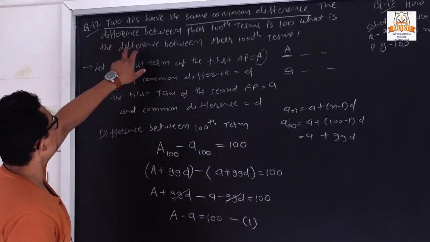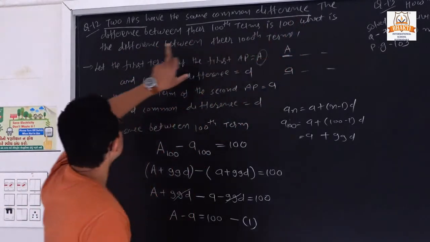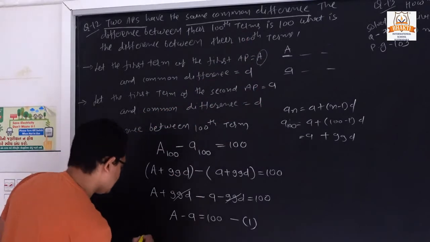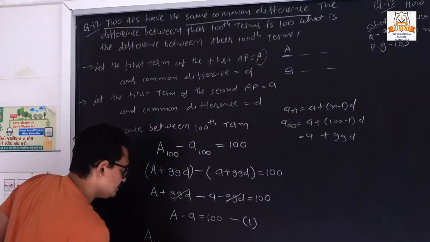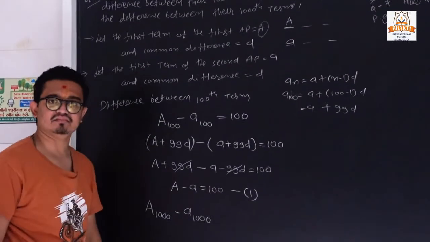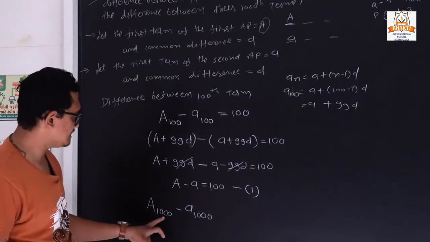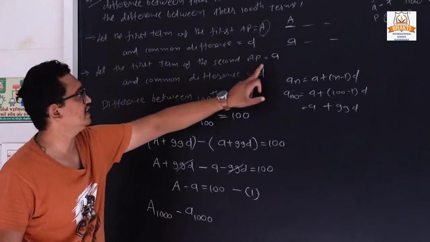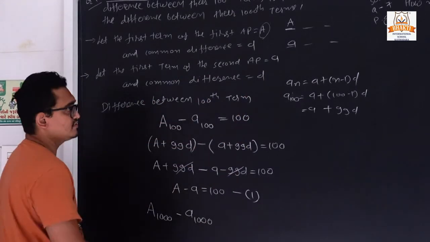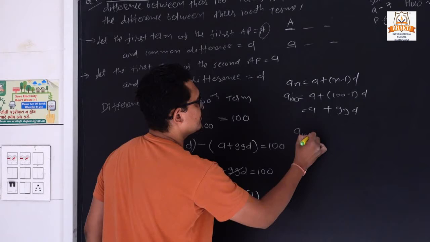So now they are asking what is the difference between their 1000th terms. So it means what? The 1000th term of the first series and the 1000th term of the second series. For the first series we can declare it is capital A and here small a. So now 1000 means what? Here we can put 1000.